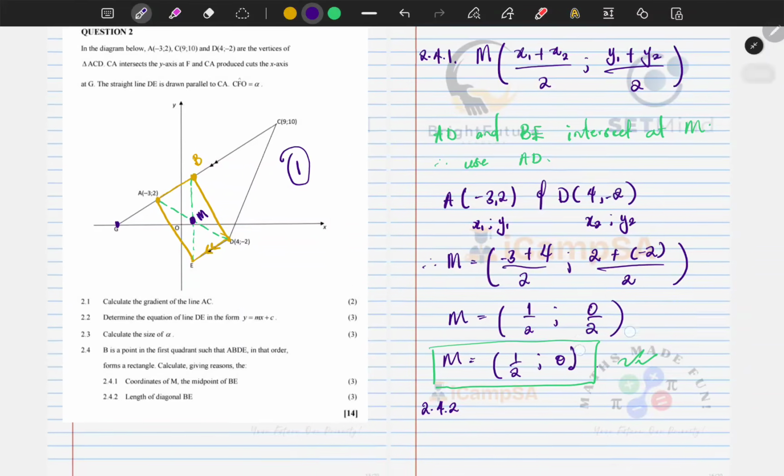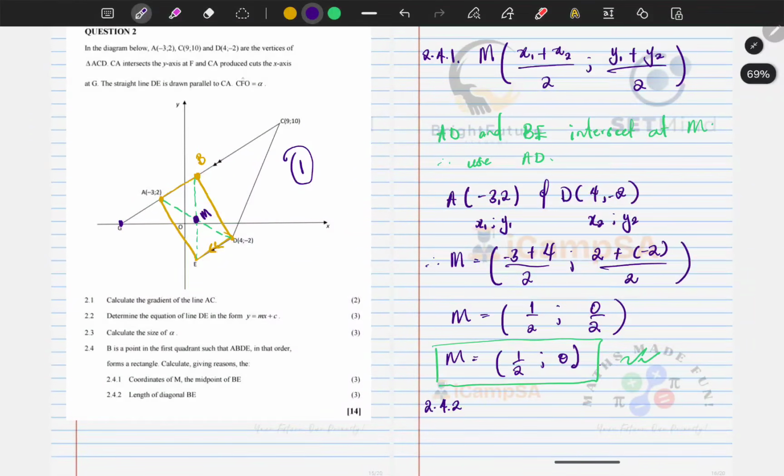So now let's look at 2.4.2. They want the length of the diagonal BE.